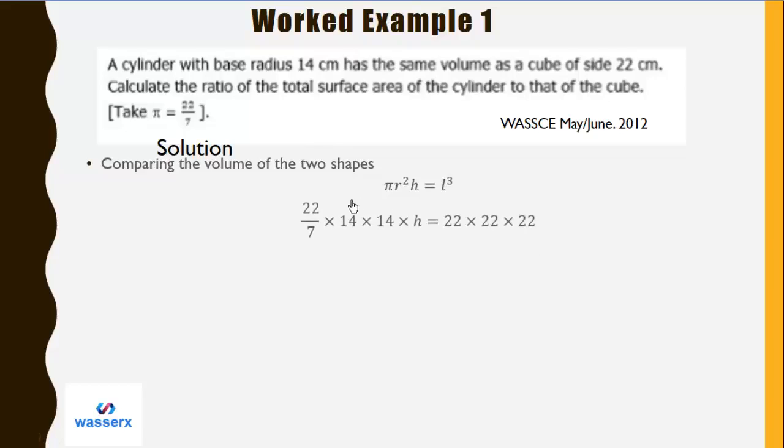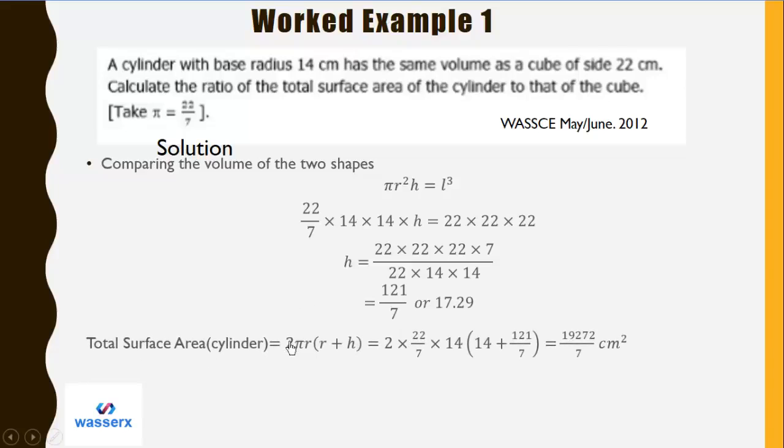Then we do the substitutions to obtain this. We can now find our height, which is the h. So the h is equal to 121 over 7 or 17.29. Now we can find the total surface area of the cylinder using the formula 2 pi r (r plus h).